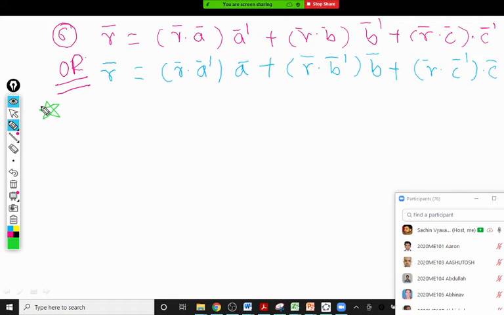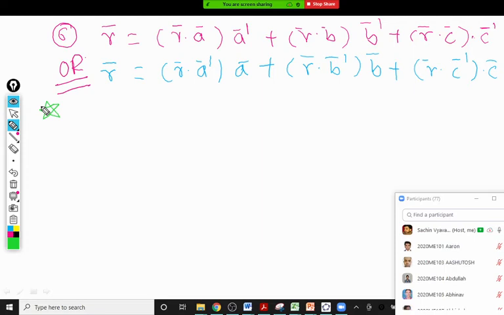Suppose B and C are non-collinear vectors, then the third vector in the same plane can be written as a linear combination of them. That is one of the properties for 2D. For 3D we have a similar property. If we have three non-coplanar vectors, any fourth given vector can be written as a linear combination of them.